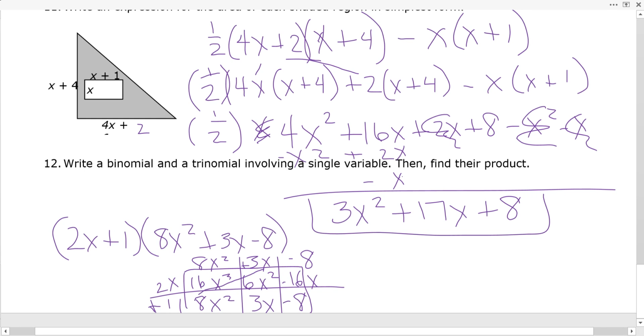So I end up putting these guys together and these guys together. So I have 16x to the third. I have 8x squared plus 6x squared, which is 14x squared. I have minus 16x plus 13x, so that's minus 13x minus 8.